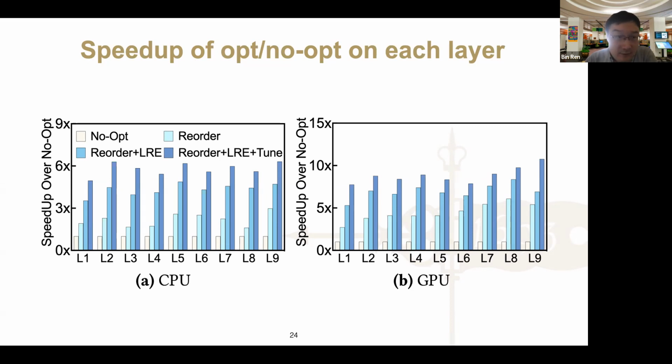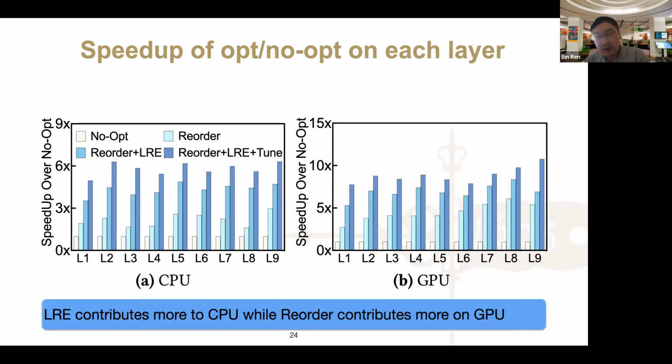The first white bar shows the non-optimized version, which is normalized as 1, and the others show the impact of different kinds of optimizations. The higher the better. We can see that with the reorder optimization, we can achieve a good performance, and with reorder plus low redundancy elimination, we achieve additional performance gains, and with the tuning, we can also see additional gains.